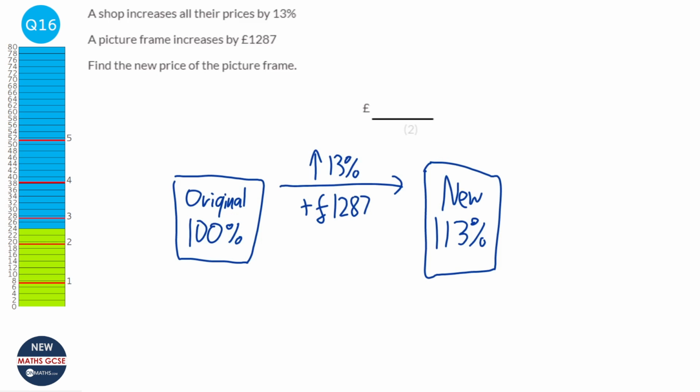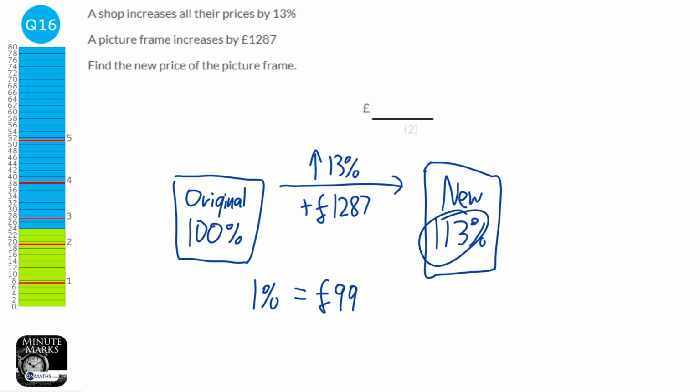So what we're going to do is we're going to work out what 1% of the price increase is. Instead of 13%, we're going to work out what 1% is. And we're going to do that by dividing the amount by 13. And we get 99. So 1% represents £99. So 1% of the original represents £99.